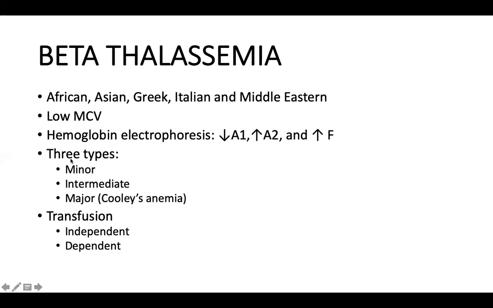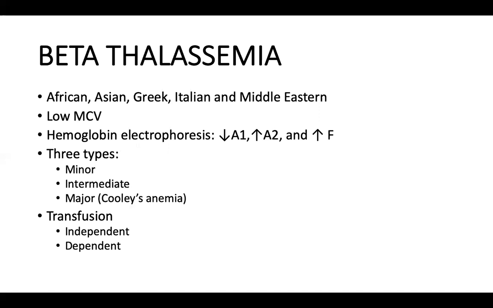There is a minor, where they only have one mutation in the 4 genes of the beta chain, and these people are totally asymptomatic.